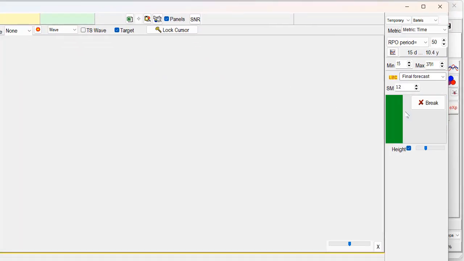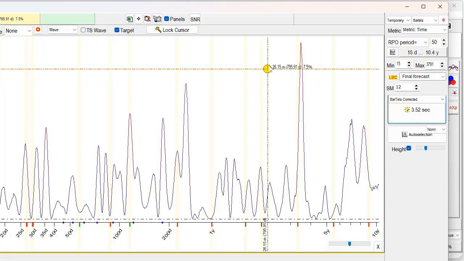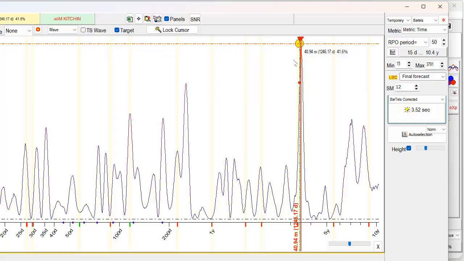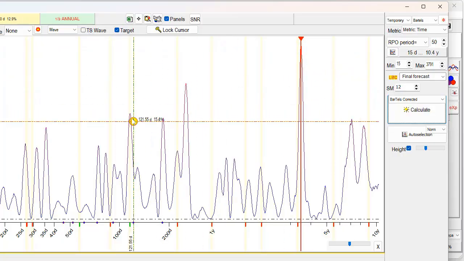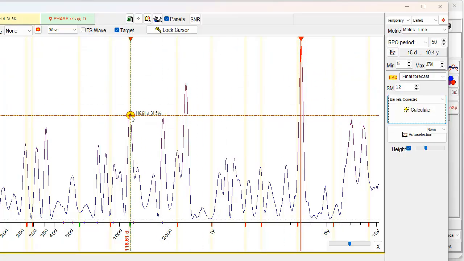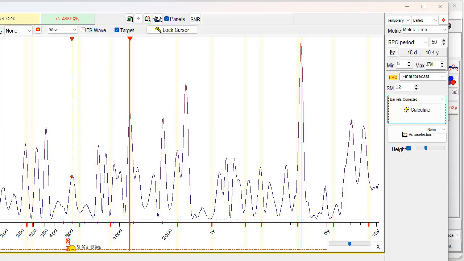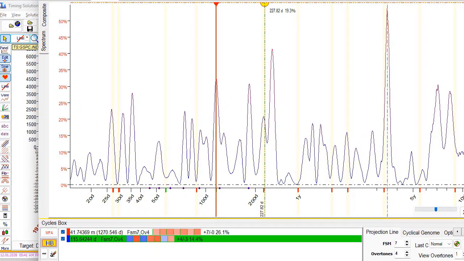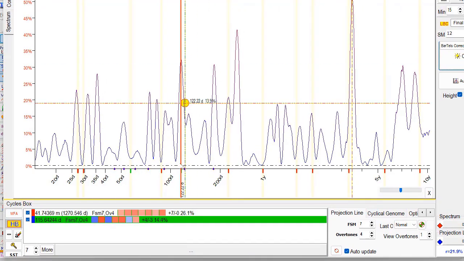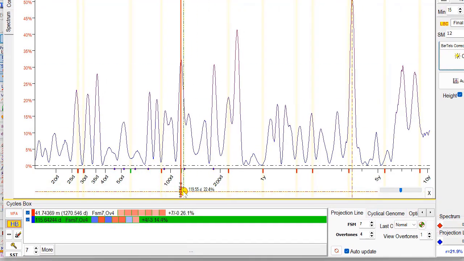Another thing I do not recommend doing, for example, is calculating a spectrum. You see, do not use cycles with very different periods. For example, here I chose a 40-month cycle. Do not mix this 40-month cycle with 160-day cycles, because these cycles involve different patterns.